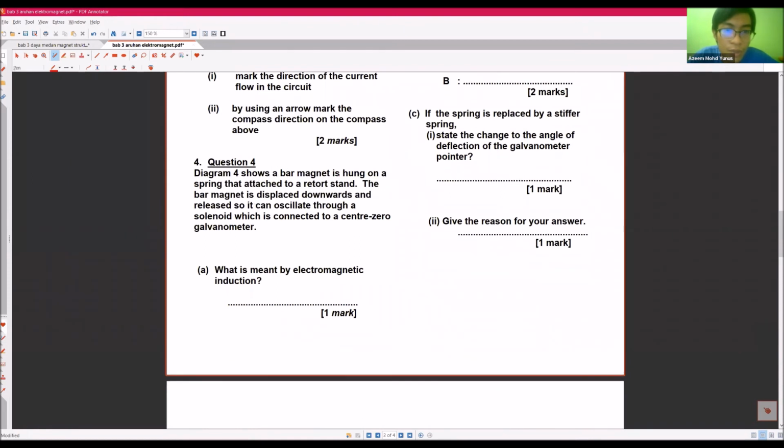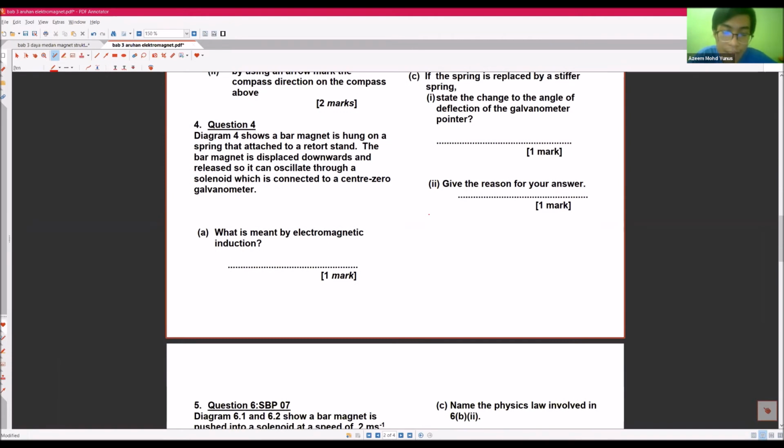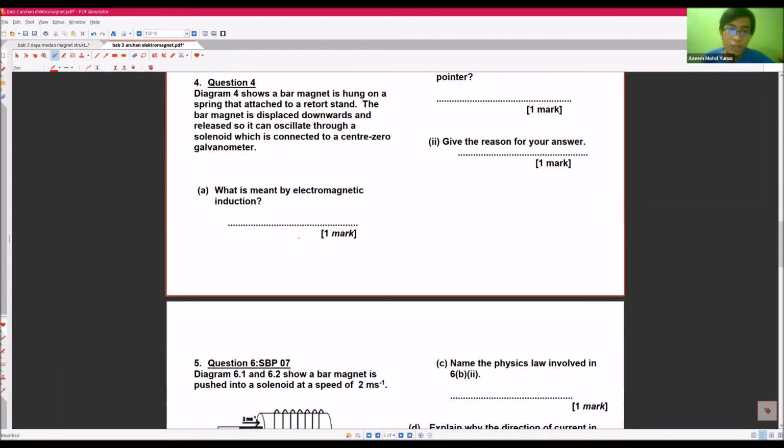Diagram 4 shows a bar magnet hung on a spring attached to a retort stand. The bar magnet is displaced downward and released so it can oscillate through a solenoid which is connected to a center zero galvanometer. So this is also electromagnetic induction because we have a galvanometer. What is meant by electromagnetic induction?